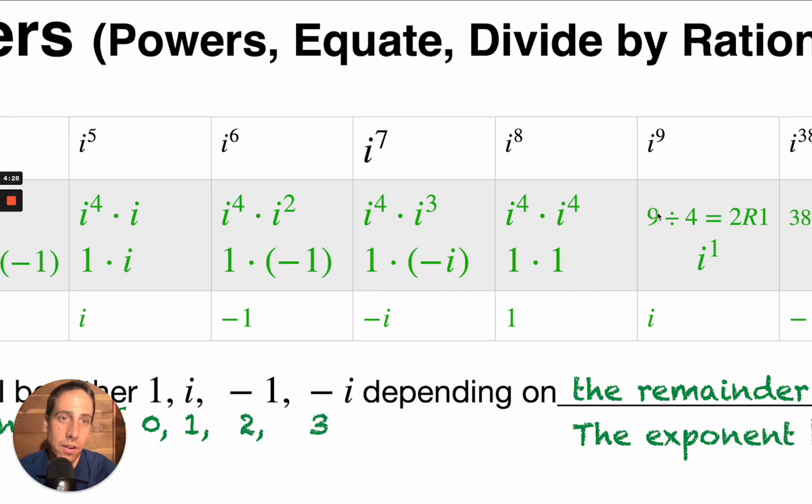If I write all 9 of the i's out, there would be 2 sets of 4 and then 1 left over. So i to the ninth is the same thing as i to the first. I got this 1 from the remainder, because this is how many sets of 4 I'm going to have. They're all just going to be 1. It's going to be 1 times i to the first, which is just i.